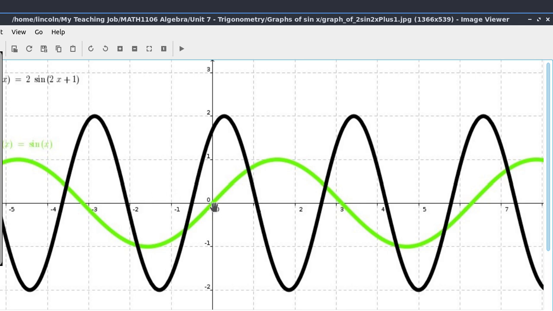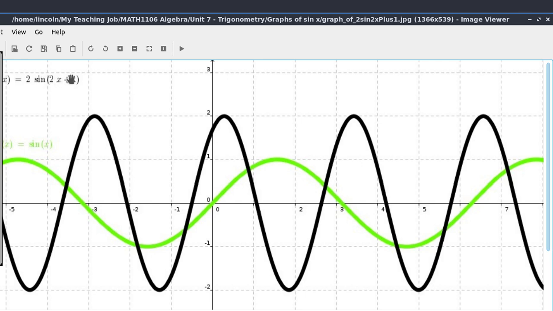Now the original graph goes through one set of changes between 0 and 2 pi, 6 point something. It's in radians, right? But when you say 2x, the modified graph goes through one set of swing changes here, and then it does it again here. 2 sets of changes.